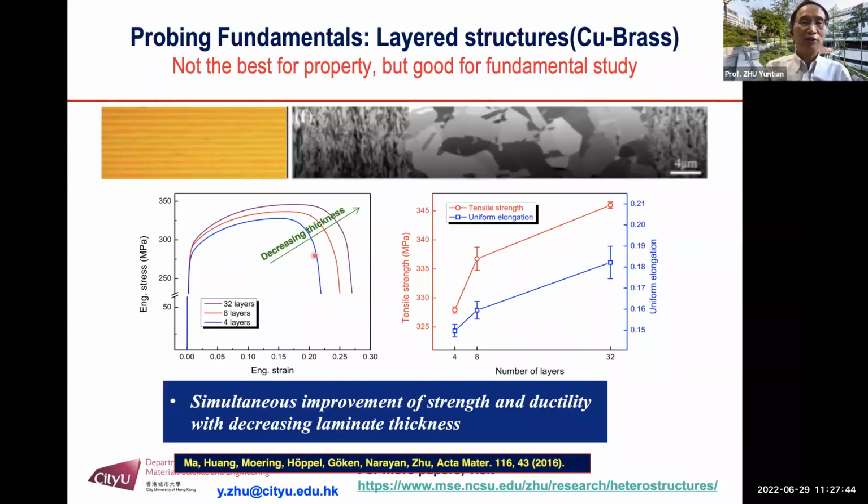However, I will show you later, when the layer thickness becomes very thin, the strength will continue to increase, but ductility will start to decrease.